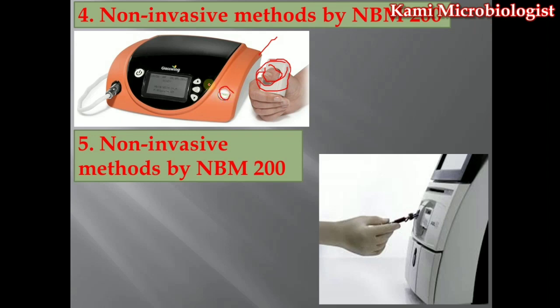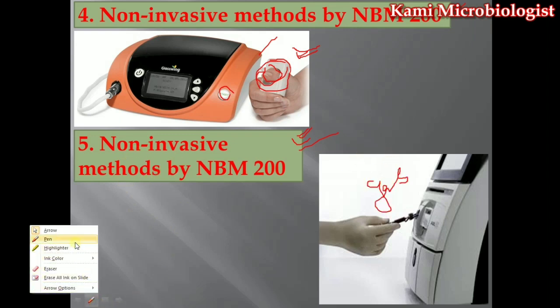After we press the start button, it will estimate the hemoglobin. It does not give you the exact result, but somehow you can be a little satisfied about the hemoglobin concentration in the body. We do not mostly use this method, but still it is used at home or in the operation theater before operation.